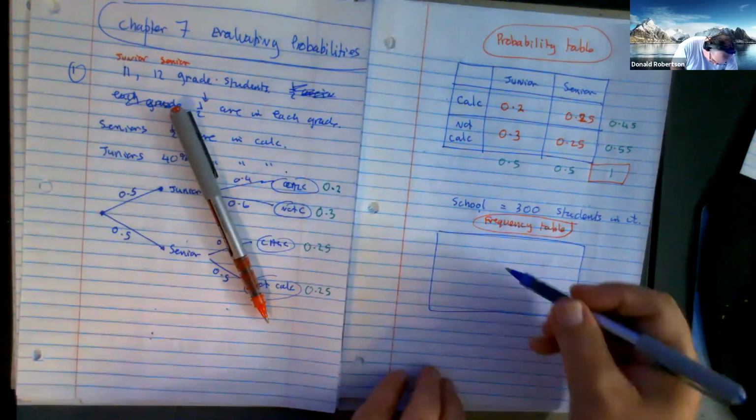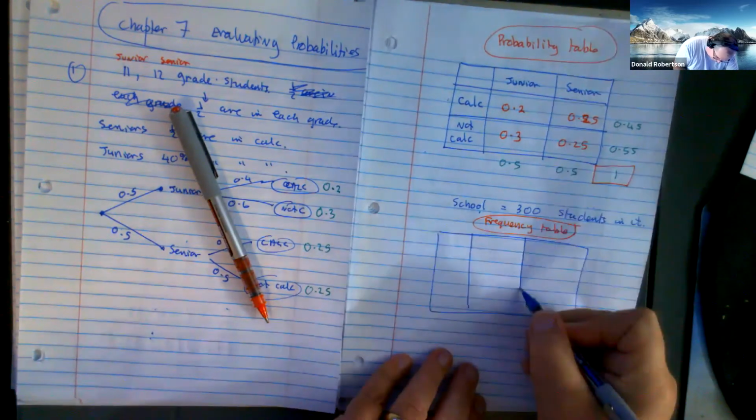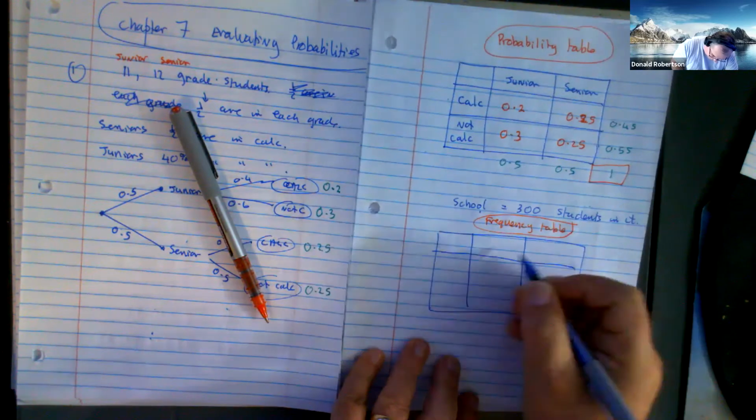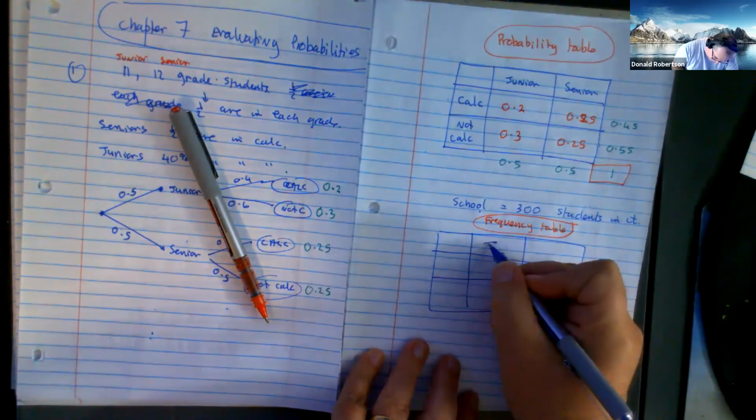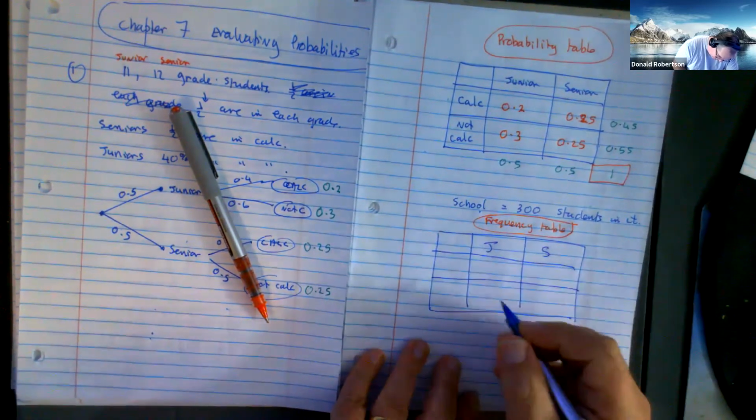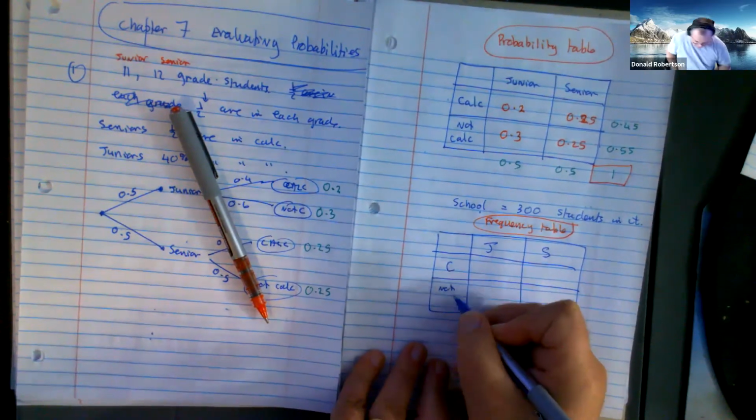And the frequency table will tell me how many students are in each of these categories. So since I'm running short of room, junior, senior, calc, and not calc.